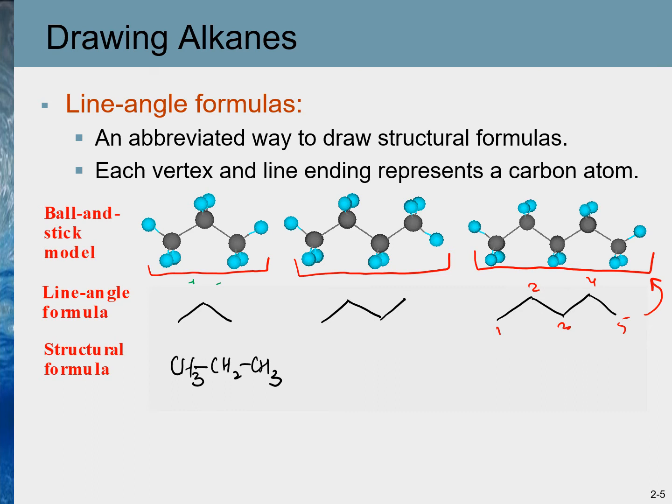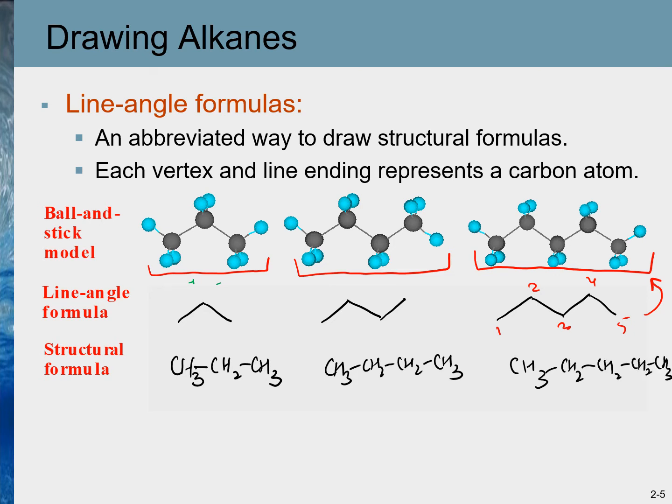In structural formula, we show all carbons and hydrogens and the number of those atoms. Structural formula does not represent the actual shape or bond angles. It only represents how many carbon and hydrogens are present in the alkane.